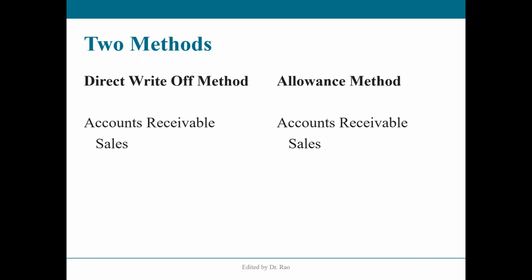It could be a year or 2 years. I'm not taking it off my books until the customer tells me they're not going to pay me. When they tell me they're not going to pay me, at that point of time, I take the receivables off my books and I debit bad debt expense to indicate that this is not going to result in a cash flow. The problem over here is the matching.